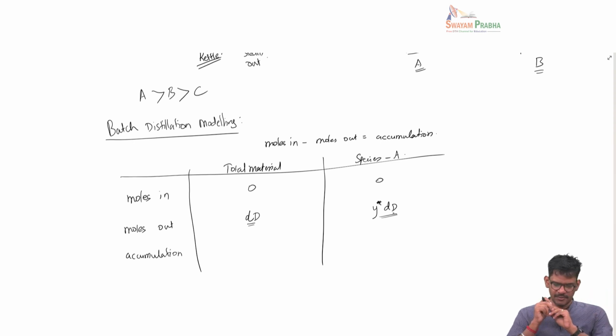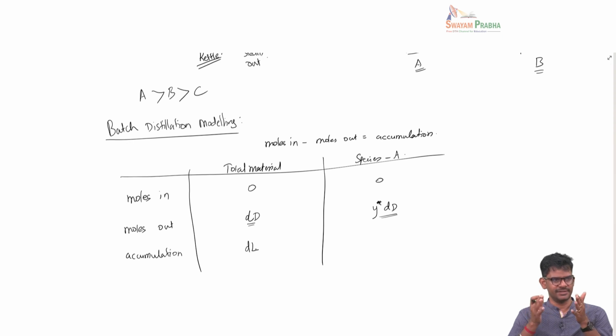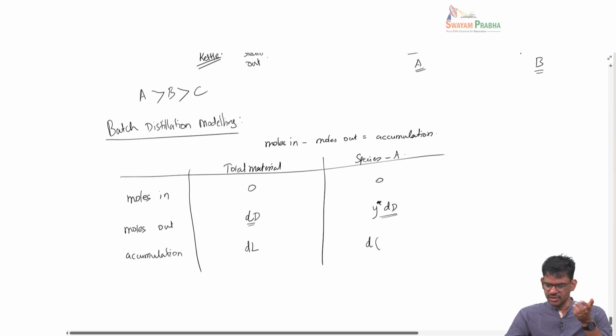Then if you look at the liquid, in the liquid there will be an accumulation equivalent to dL. Here L denotes the number of moles of the residue liquid in the kettle. In the case of species A, the accumulation term is d of L times x, the differential.